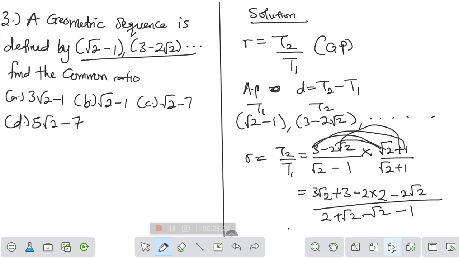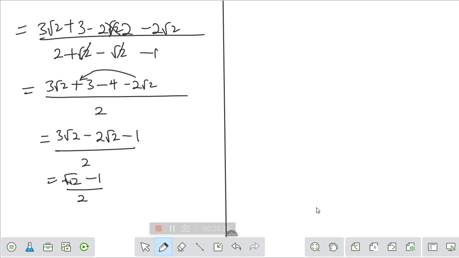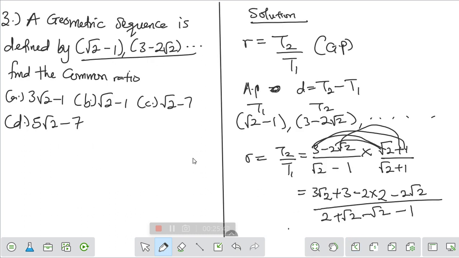So maybe I've made a mistake in one place. 2 minus 1, the difference is 1. Yes, so we have made a mistake. So the final answer will now be root 2 minus 1. So our answer is option B.